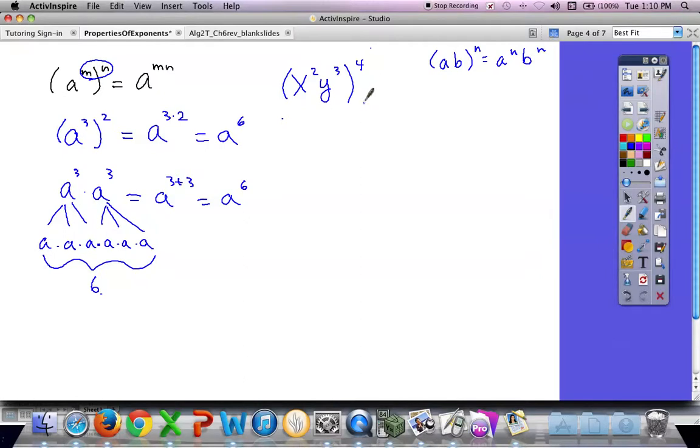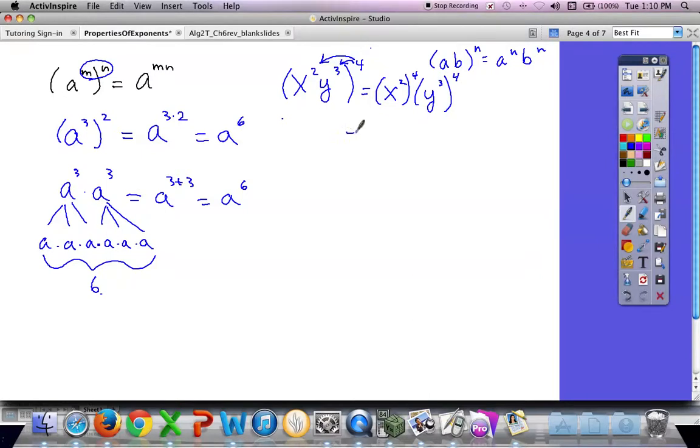By that property, I can say this equals x squared to the 4th times y to the 3rd to the 4th. Right? I can distribute, if you like to think of it like that, the 4th power to both of these.